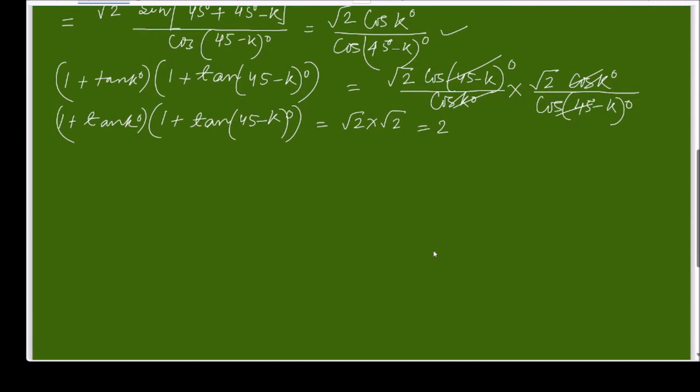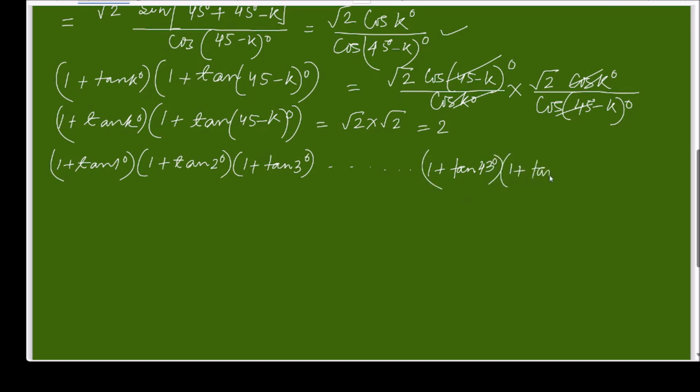So now coming back to the question. 1 plus tan 1 degree, 1 plus tan 2 degree, 1 plus tan 3 degree, up to 1 plus tan 43 degree, 1 plus tan 44 degree and 1 plus tan 45 degree.